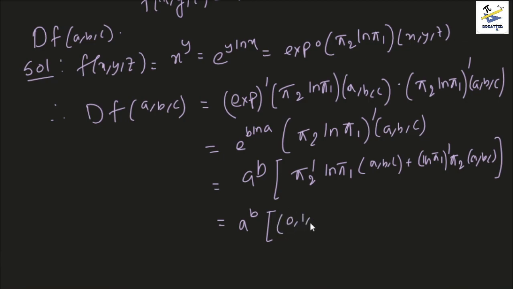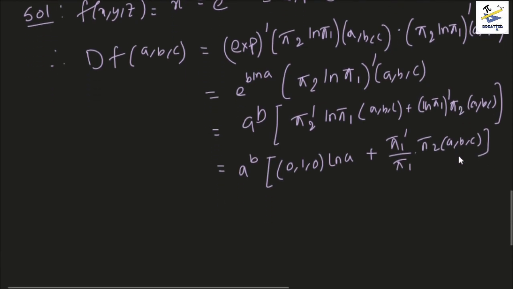So this becomes a to the power b, and now pi 2 prime, as I told you, is (0, 1, 0). Ln of pi 1 just becomes ln of a, putting in the value, and ln of pi 1 prime is just pi 1 prime by pi 1 into pi 2 at the point (a, b, c), because ln of f of x is basically f dash x by f x.